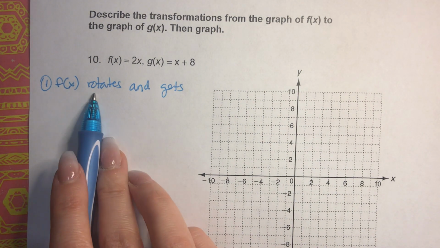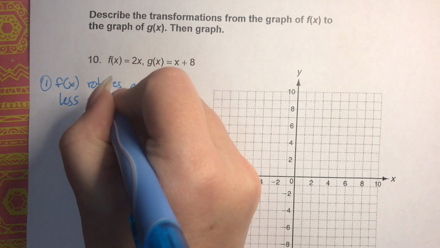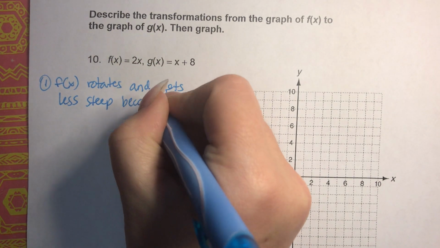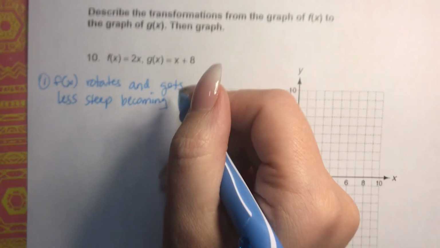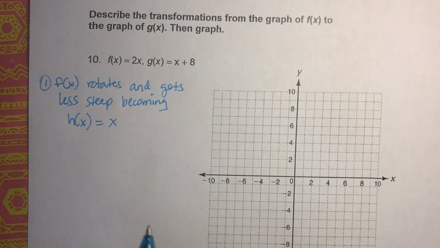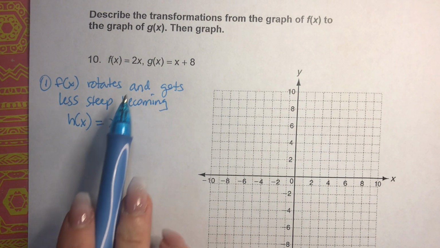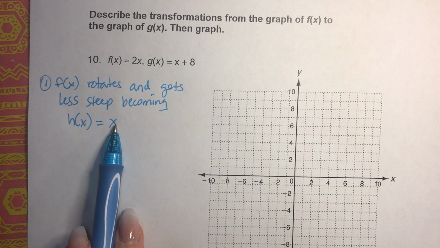So f of x rotates and gets less steep, becoming, and we're only going to do that one thing, which is the rotation, h of x equals x. Okay, so it rotates and becomes less steep. So we're at 2x, and then it rotates and gets less steep to x.